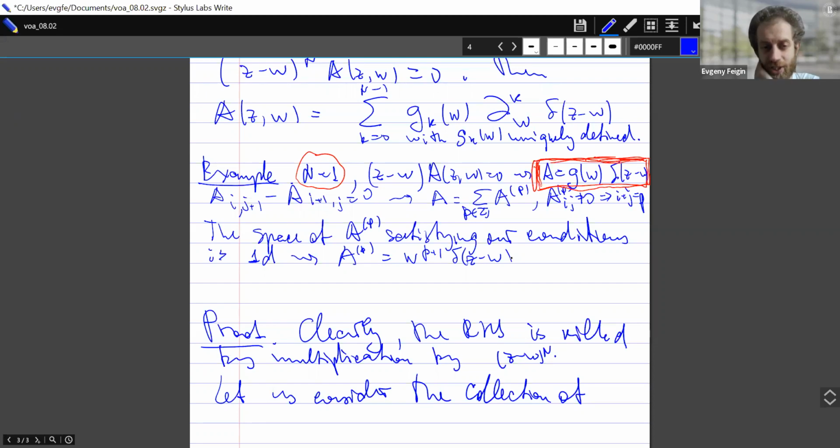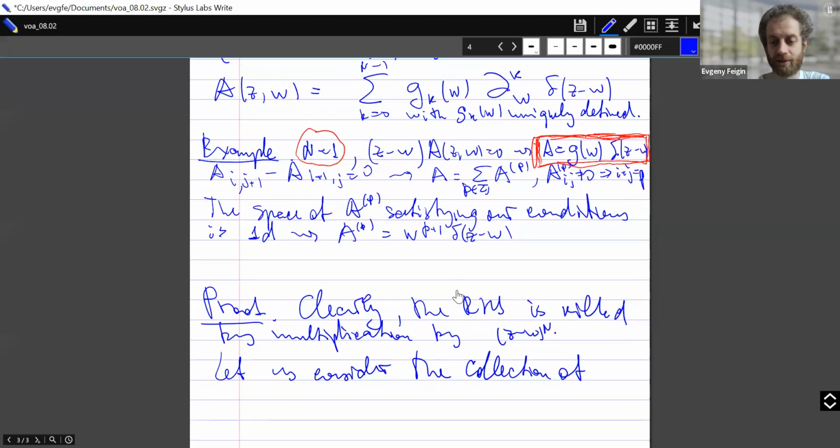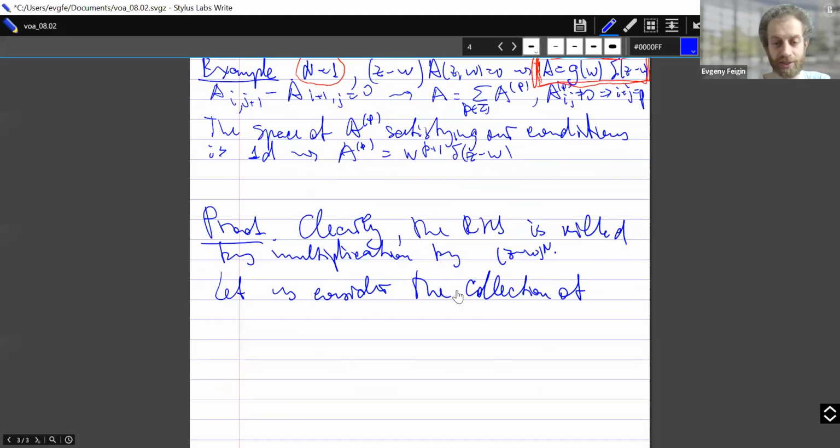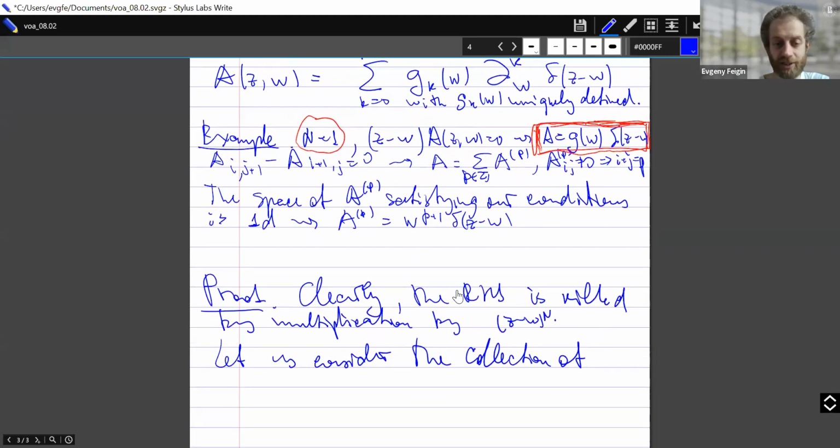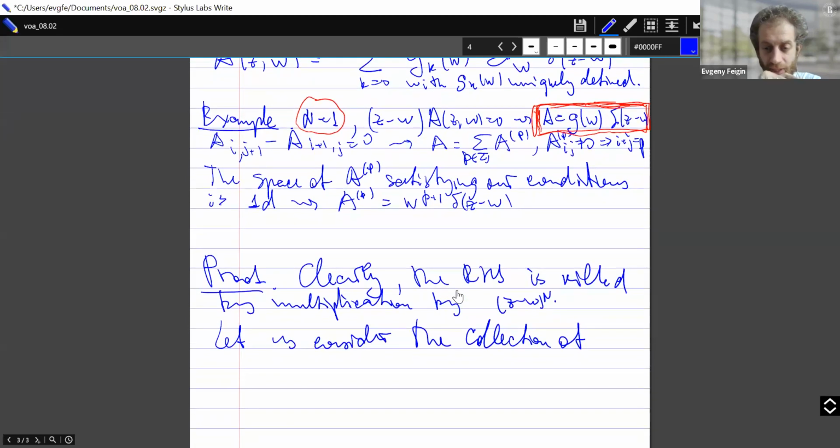It was actually a good idea to work out this example because it turned out to be non-trivial. So let's see how it works. Now let's do the general case. Our n is now an arbitrary number.